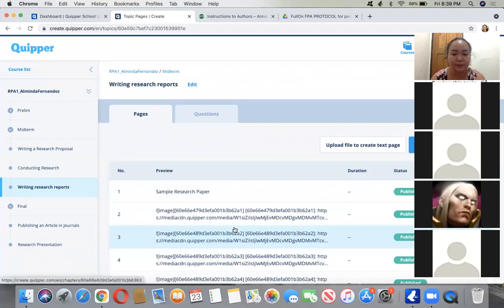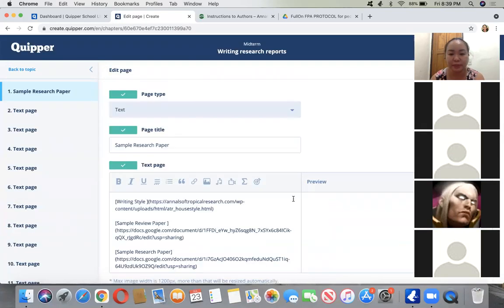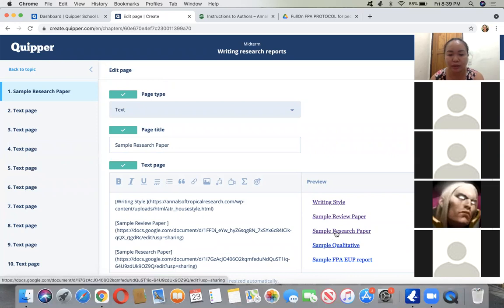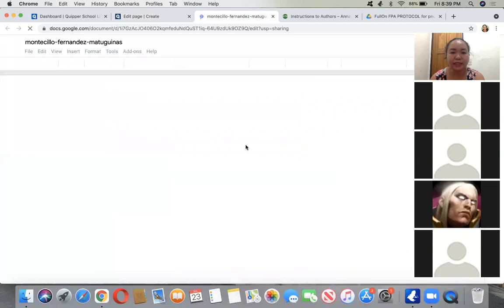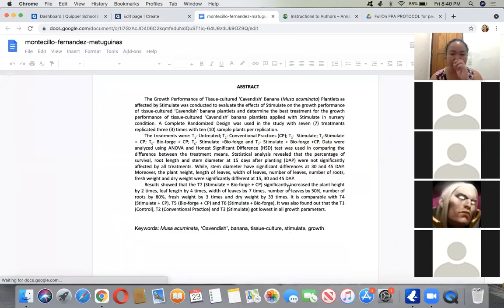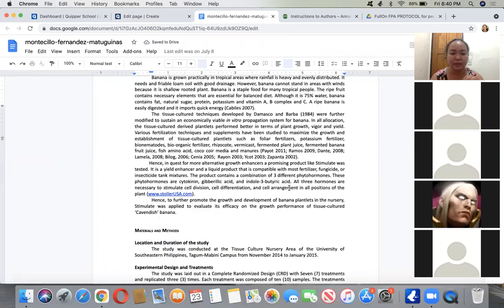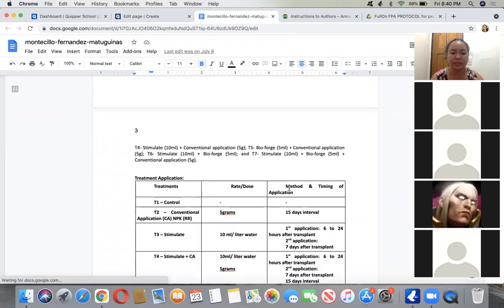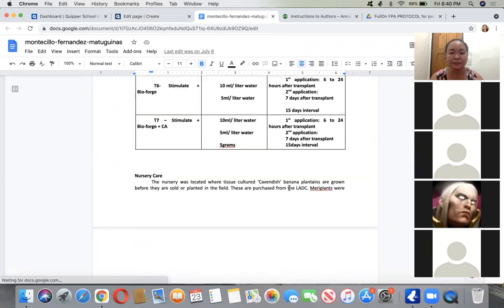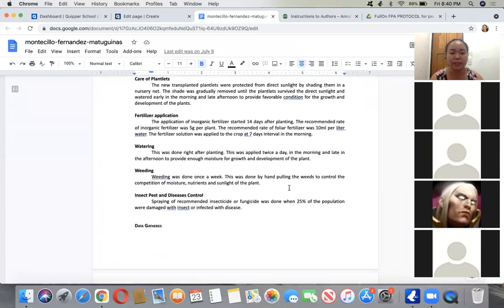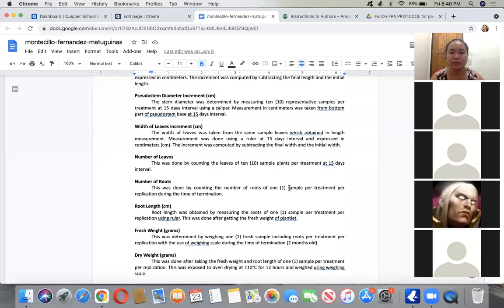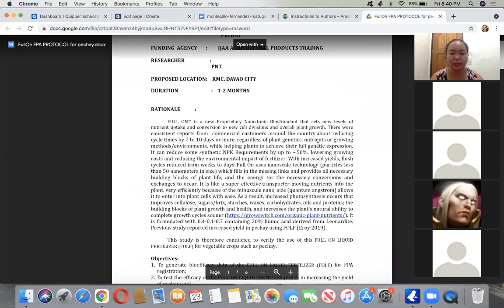So this is the sample research paper, along with sample review papers. This is more detailed, as you can see, compared to this FPA protocol.